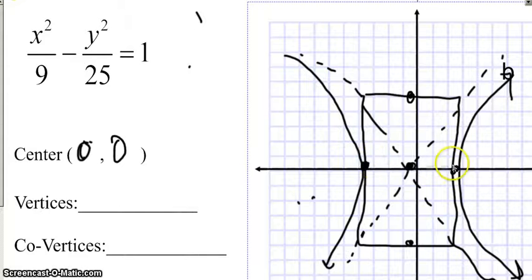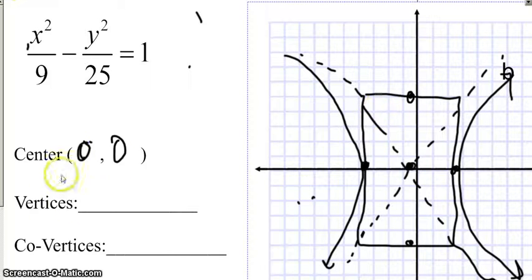These dots here and here are your guidelines. You just touch them, but you're going to stay along the dotted lines. If y squared was first up here, then my hyperbola would open up this way. That's the only difference.